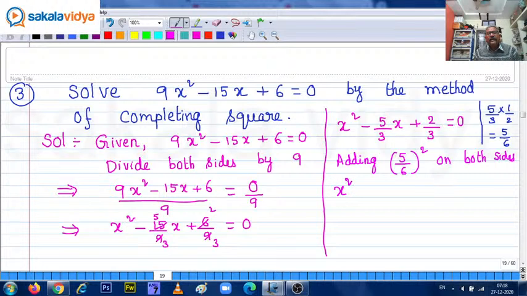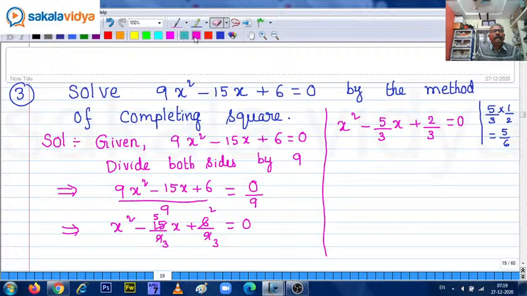So x square minus 5 by 3 times x equals to, we can write, okay. So 1 minute. One more step I have forgotten. First I need to write like this.